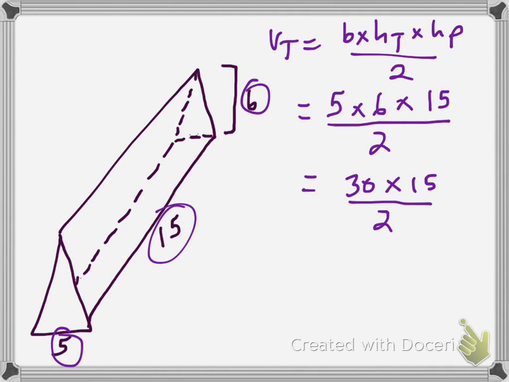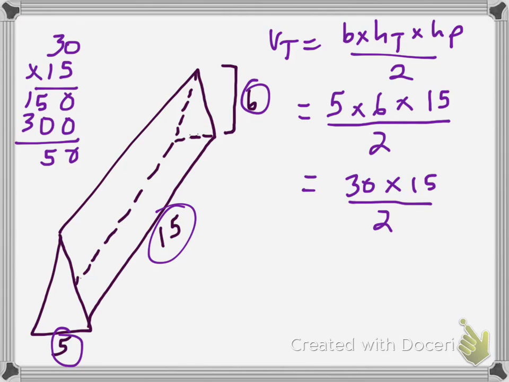That's maybe a little big to just be doing in my head, so I might work that out over on the side. Here I do it. 30 times 15. 5 times 0 is 0. 5 times 3 is 15. Holding 0. 1 times 0 is 0. 1 times 3 is 3. Add them up. 450. Okay, so then I'd have 450 divided by 2.